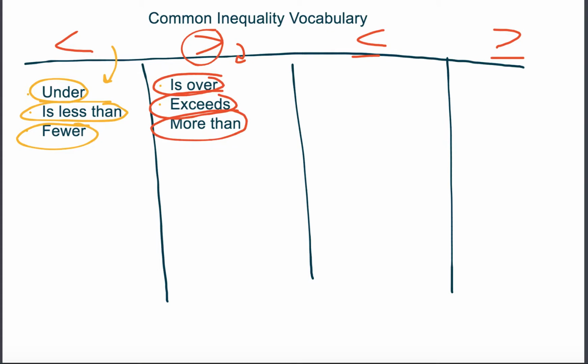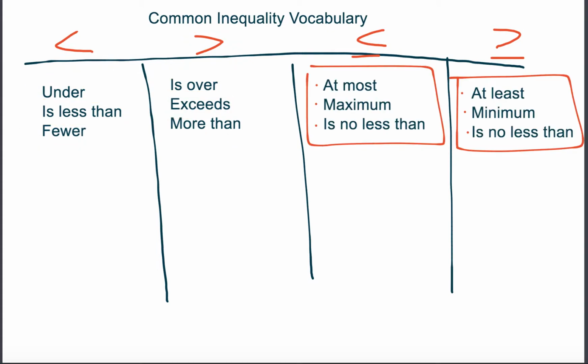The next two symbols are where it gets a little bit confusing because there are some backward sounding phrases. So this inequality is less than or equal to. But the words that tell us to use is less than or equal to are things like at most, maximum, and is no more than.